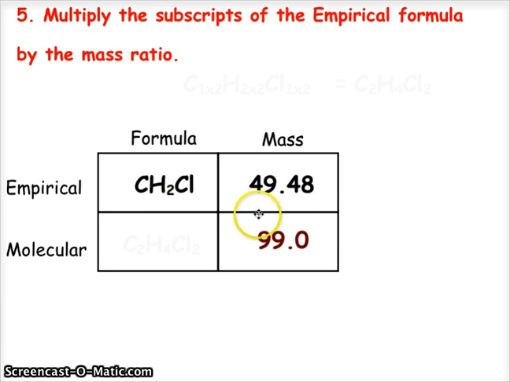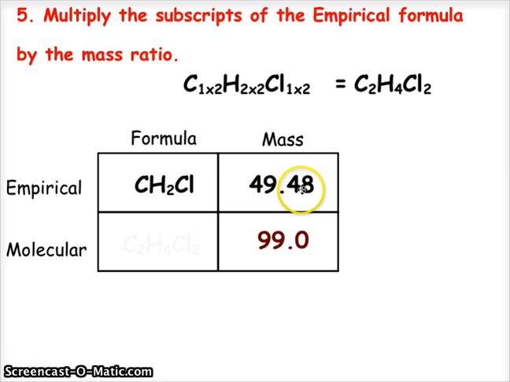Now we have a situation where we can calculate our information. 99.0 divided by 49.48 is 2. So we're going to multiply each of the values of the empirical formula by 2 to get our molecular formula, which becomes C2H4Cl2.